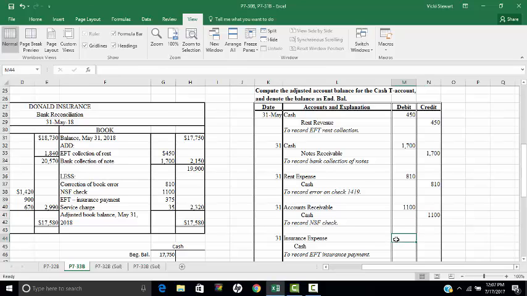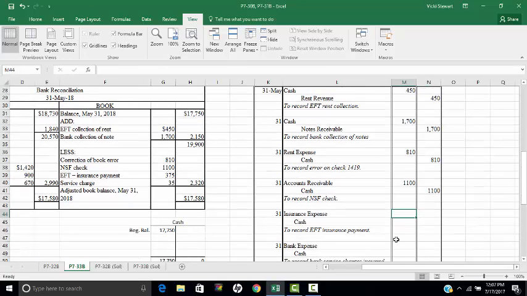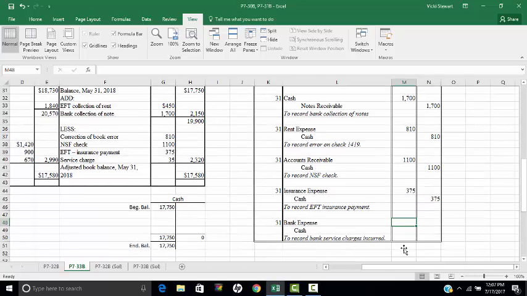And then we're going to record the insurance expense for the EFT payment of $375 that we paid through our account. And then the next thing is we're going to record the service charge. So that'll be a $35 debit to bank expense and a $35 credit to cash.